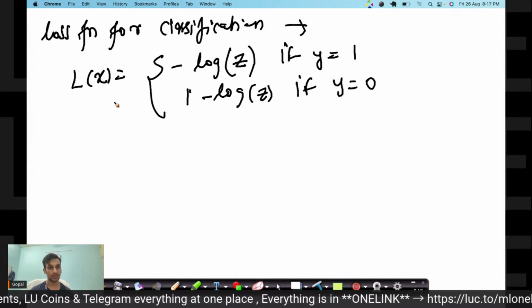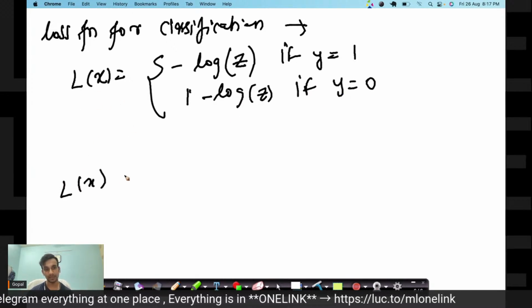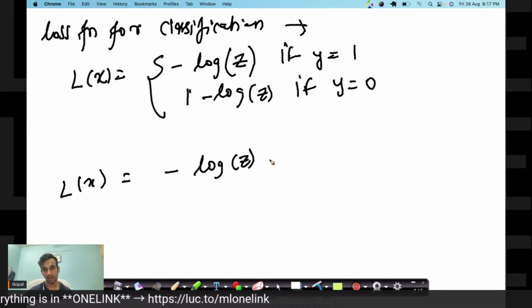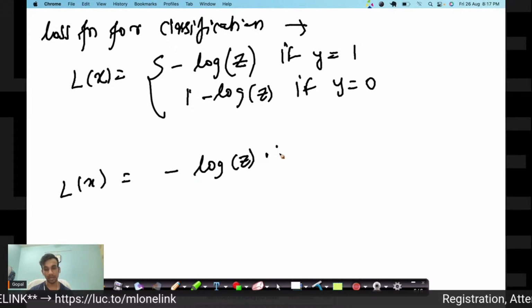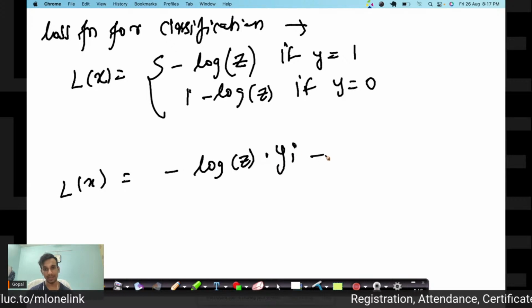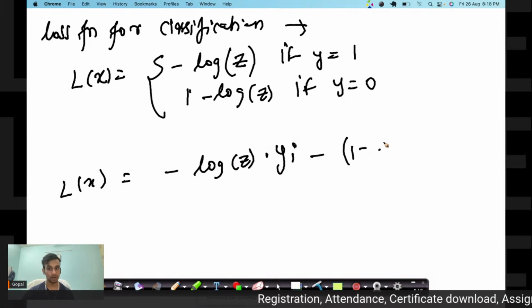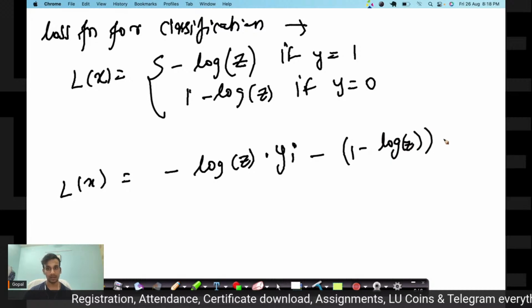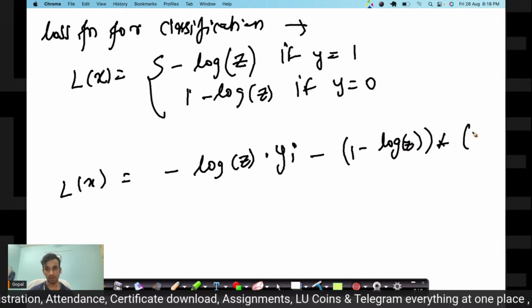I can also rewrite this equation as L of X equals minus log of Z multiplied by yi, minus log of 1 minus Z multiplied by 1 minus yi.